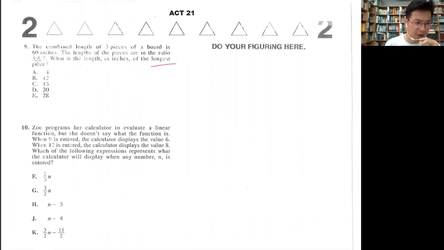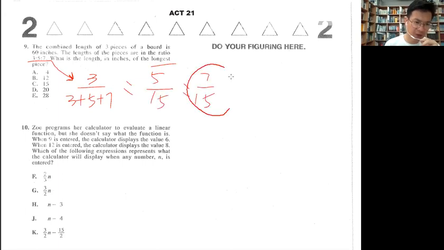A ratio we can always change to a ratio of fractions, which is 3 out of 3 plus 5 plus 7, which is 15, so 3 over 15, 5 over 15, and then 7 over 15. So 7 over 15 is the longest, times the total of 60. So 28.